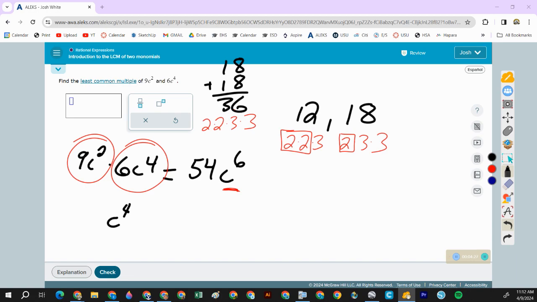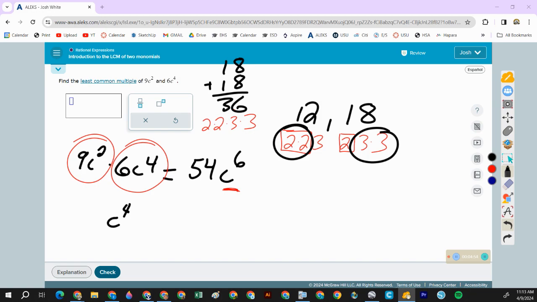So how do we select the factors for our least common multiple? We look at each factor and we select the largest set. So looking at this, the largest set is a pair of 2's. When I look at 3's, the largest set is a pair of 3's.